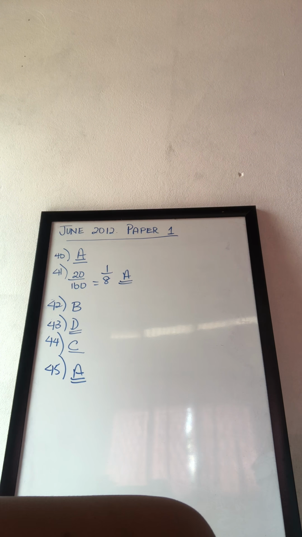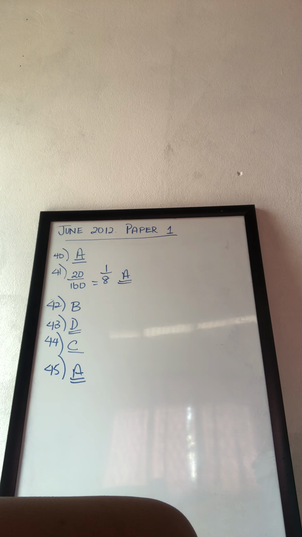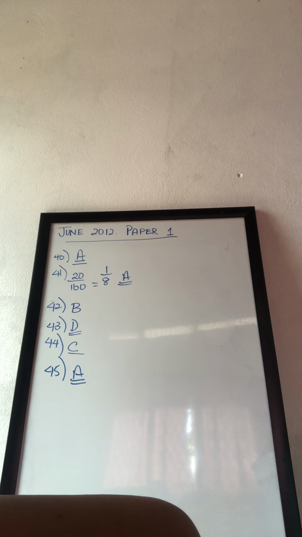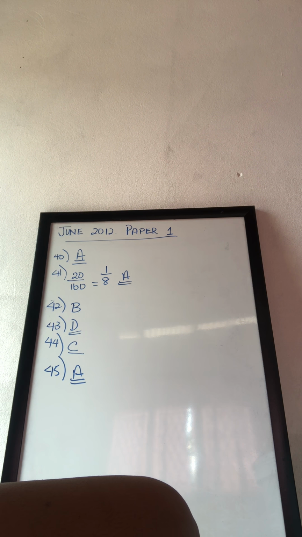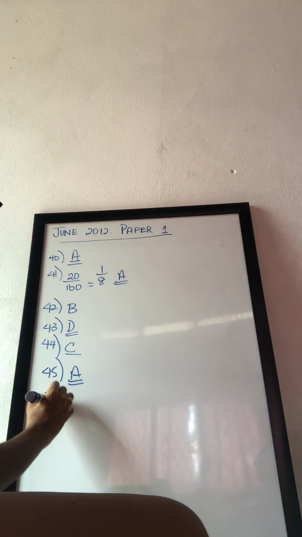So 2 is a multiple of 4, 6, and 8. Now 3, if we multiply it by 2, we get 6. So 3 is a multiple of 6. 4, if we multiply it by 1, and then by 2, we get 4 and 8. So 4 is a multiple of 4 and 8. And then 5 is a multiple of 5. So we could say that x is a multiple of y, which is B.